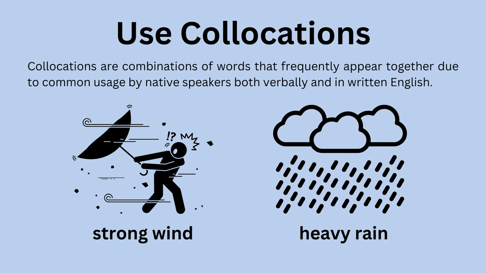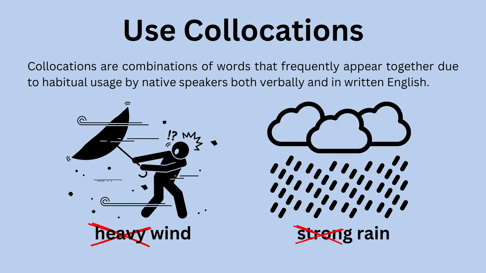When it comes to an academic essay, collocations are very important. Collocations are combinations of words that frequently appear together due to common usage by native speakers, both verbally and in written English. For example, we always say strong wind and heavy rain in English, never heavy wind or strong rain.